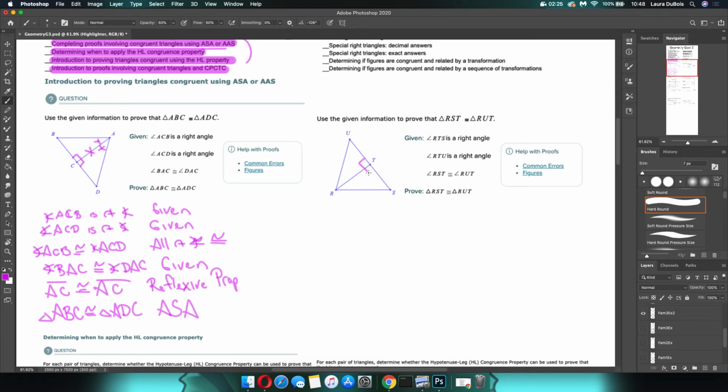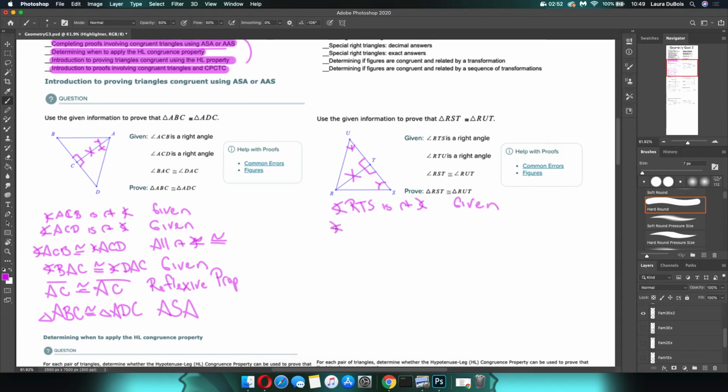Next up, we have a bunch of right angles again. We have RST, RST is congruent to RUT, angle RUT, and then we have reflexive again because they want to get us used to it. So the first three lines are almost exactly the same as these first three lines. So angle RTS is a right angle because it was given.